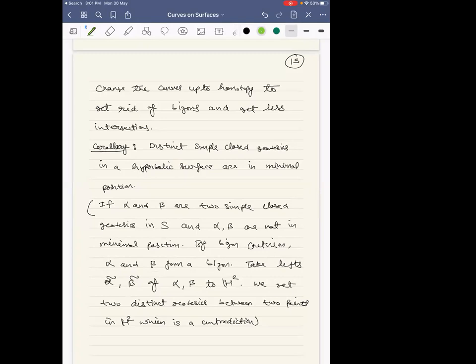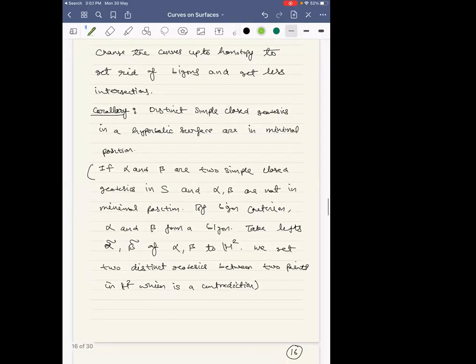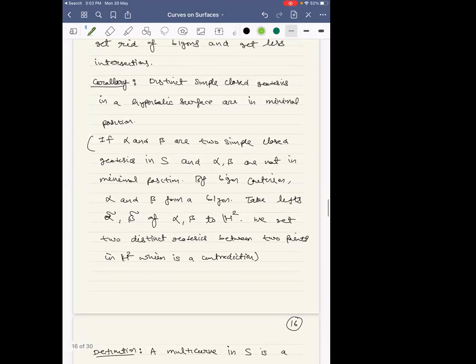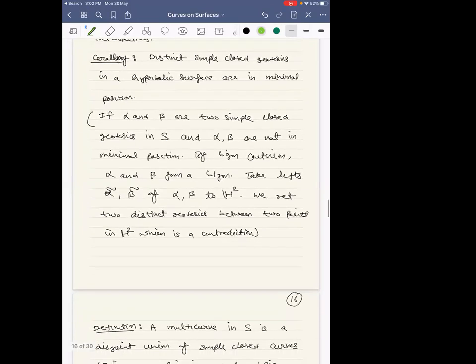Maybe I should not discuss this, you can just keep it as a fact. The argument is very easy once you are familiar with the hyperbolic plane and the notion of a surface as a quotient. Then it is not difficult to see why any two distinct simple closed geodesics in a hyperbolic surface are in minimal position. I will not go into this.